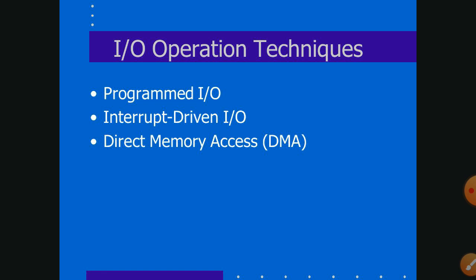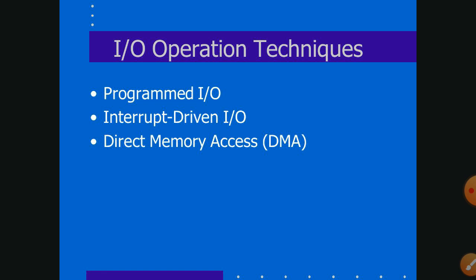Even if no IO device sends its request, the CPU wastes its time, because each and every time it is required to check the IO requests. Because of this, the CPU wastes its time on the checking operation. That is the drawback in programmed IO.